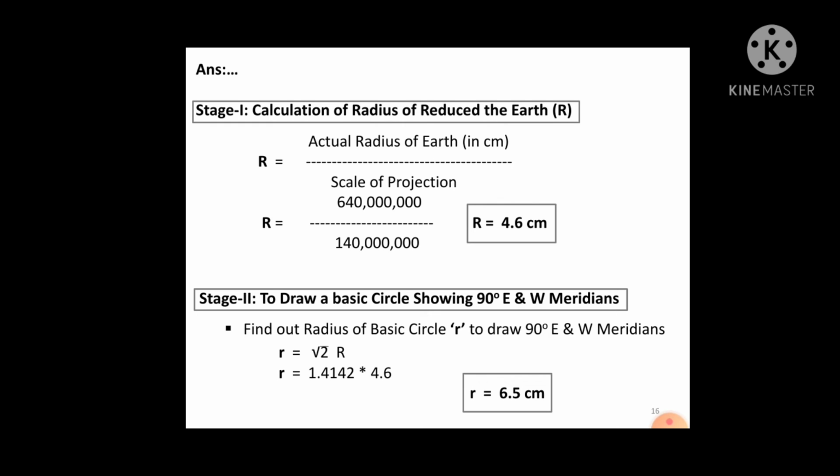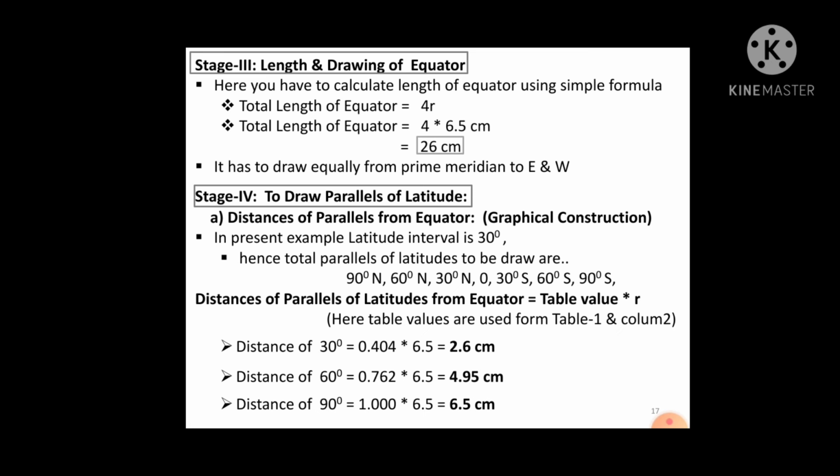For example, small r is equal to 1.4142, the square root of 2, multiplied by 4.6, and you get 6.5 centimeter, which is the radius of the circle that will show the 90-degree east and 90-degree west meridians in our projection. That is the basic circle we got. So that is 6.5.